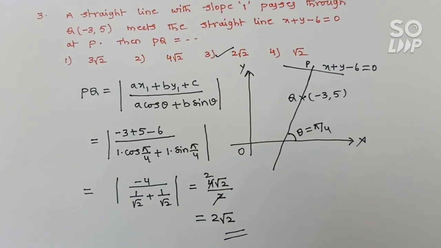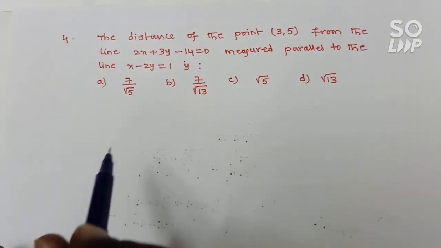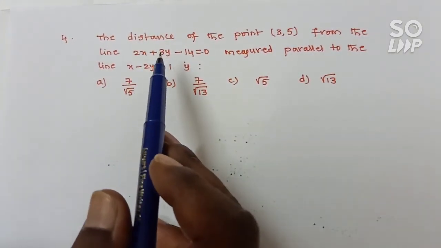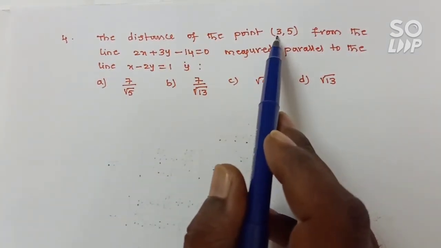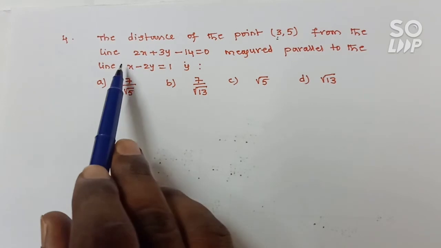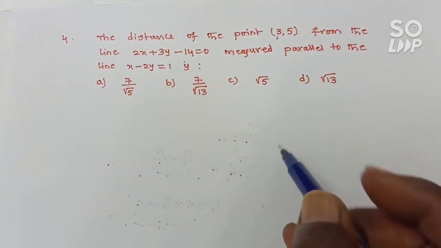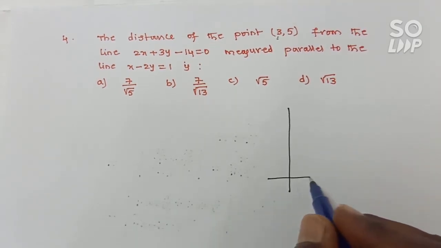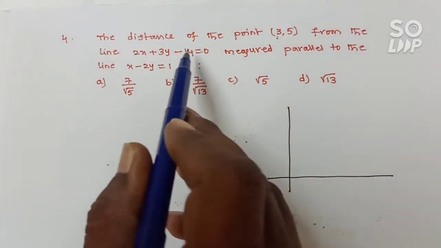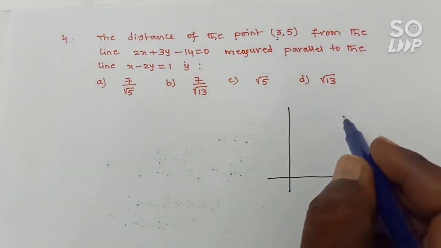Okay. Now we will see the next question in the same model. What is the difference between the previous question and this one? The distance of the point (3, 5) from the line 2x plus 3y minus 14. So that means here you understand the distance of the point from the line.